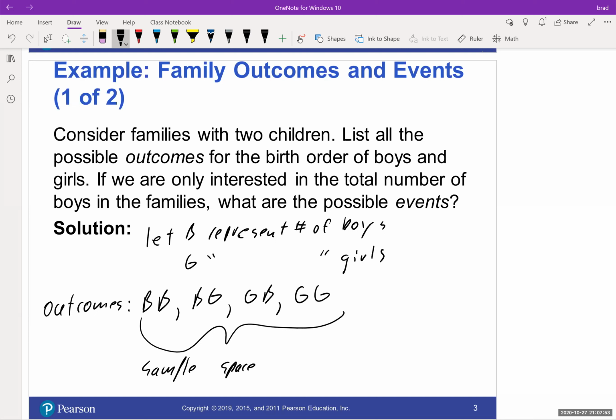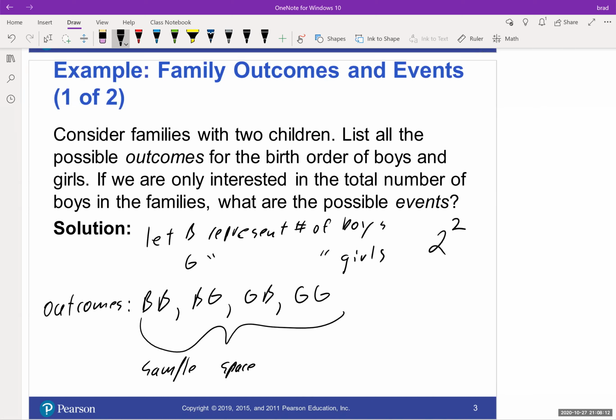It could be boy, it could be girl, so there's two outcomes. And then how many times did you perform this, or how many of this event took place? You chose two children.